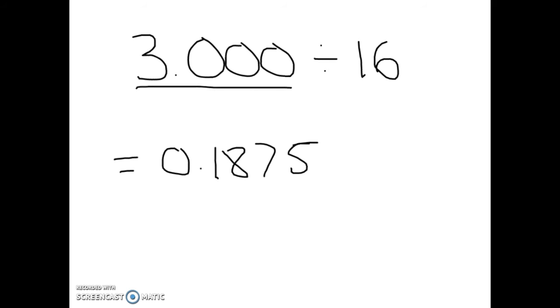In 3.000, we have 4 significant digits. We can include the last 3 zeros because they were after a decimal point. 16 has 2 significant digits. Now we know that our answer can only include 2 significant digits.